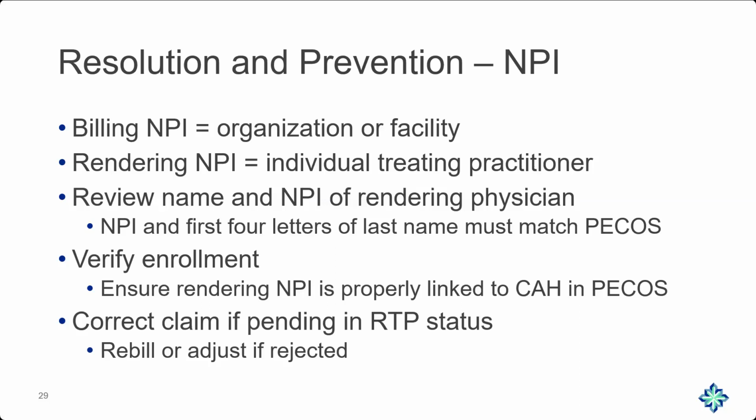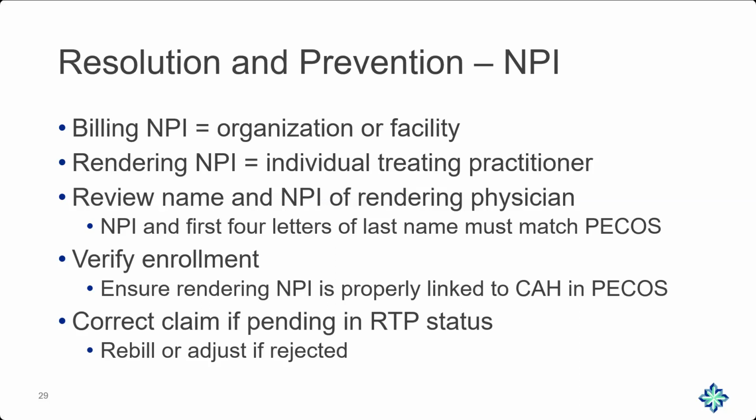While you're in PECOS, verify the enrollment for that rendering physician. Double check that the rendering physician's individual NPI is properly linked to the critical access hospital's NPI in PECOS.